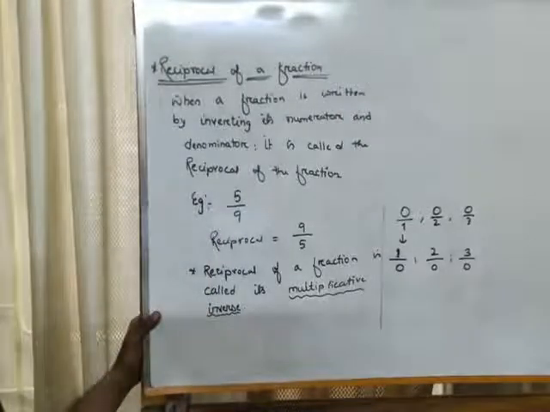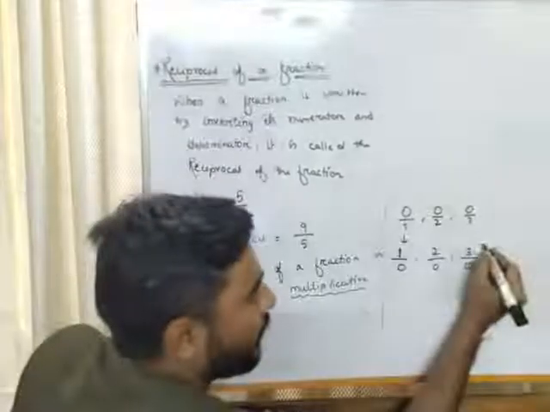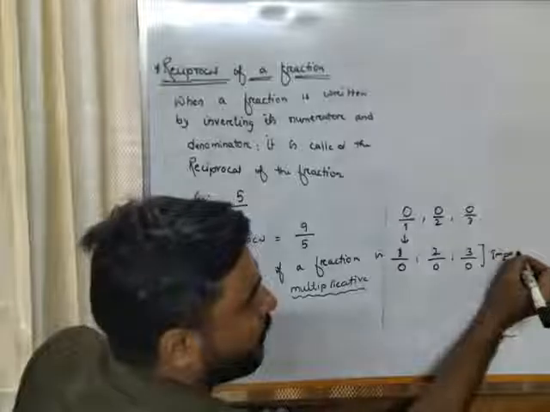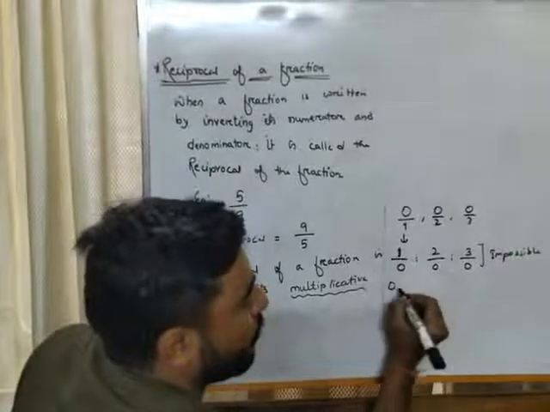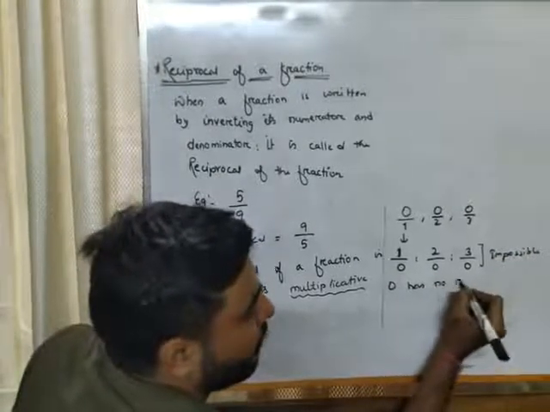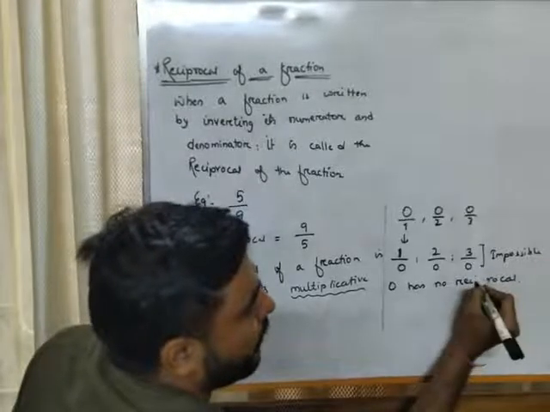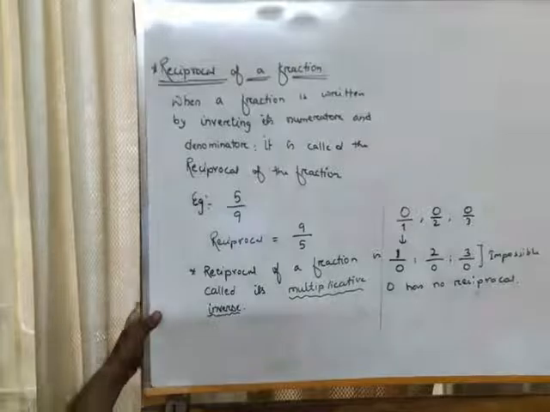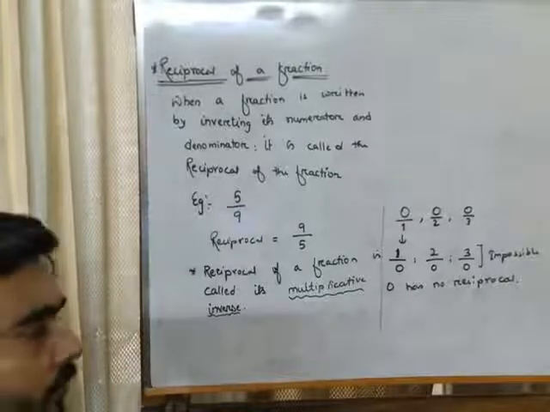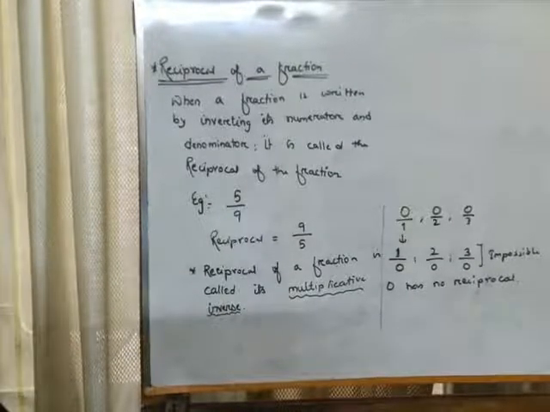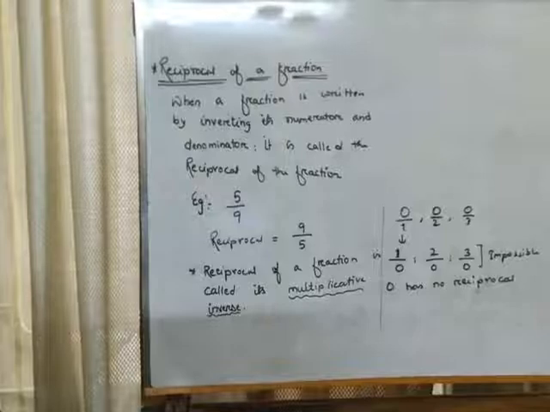The denominator will never be 0, that is why these are impossible. So 0 has no reciprocal. Okay, this will be given in your notes. Is it clear, Payal?